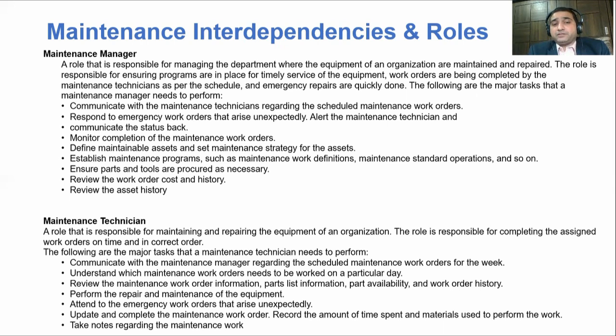Okay, then reviewing the maintenance work order information, part list information, part availability, and work order history. So reviewing maintenance work orders is important because sometimes it may happen that some department raises some requisition for downtime, but the actual problem may be because of something else, like some pneumatic supply cutting or power supply, or something is affected because of some accident or anything that has happened in the plant.